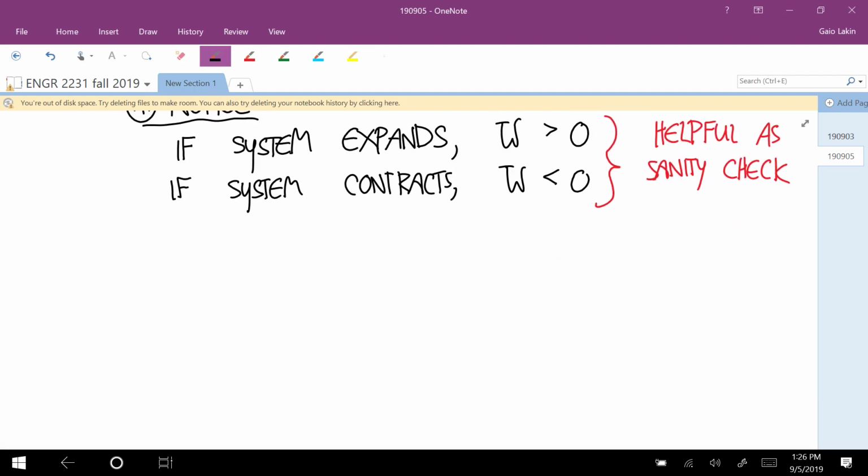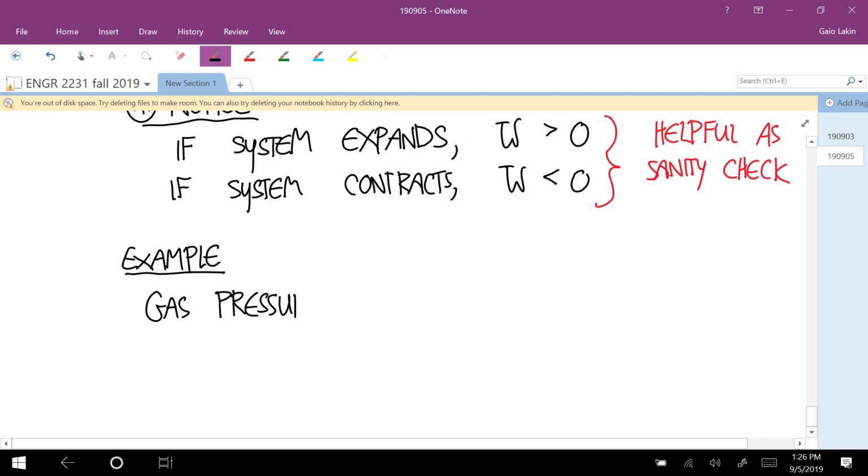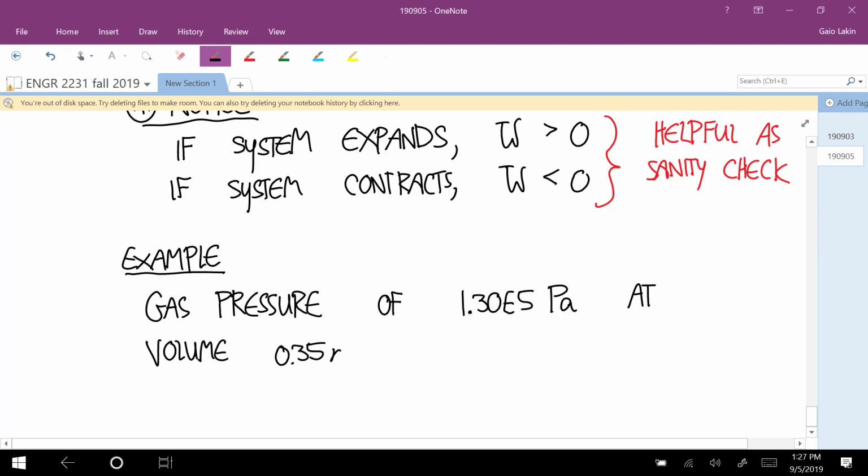Okay, so let me do an example problem. So let's say that there's a gas pressure of 1.30 times 10 to the 5th pascals at a volume of 0.35 cubic meters.